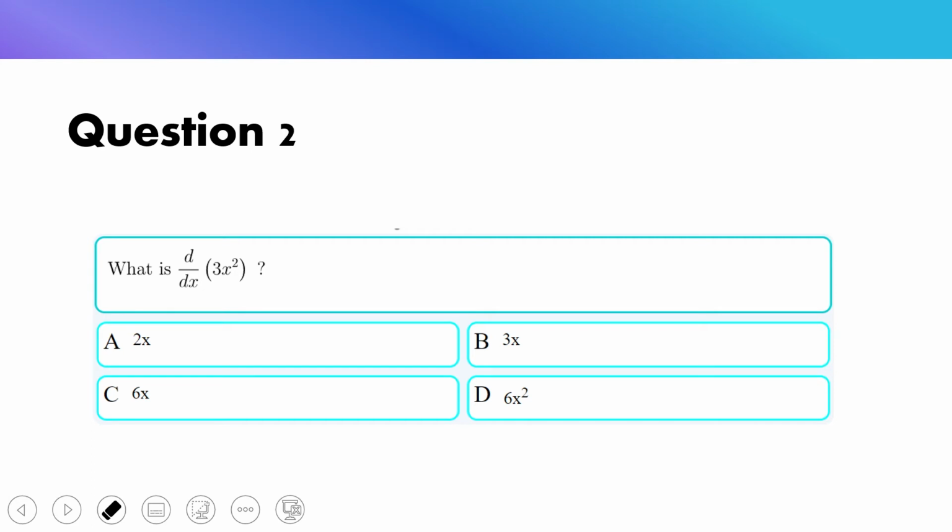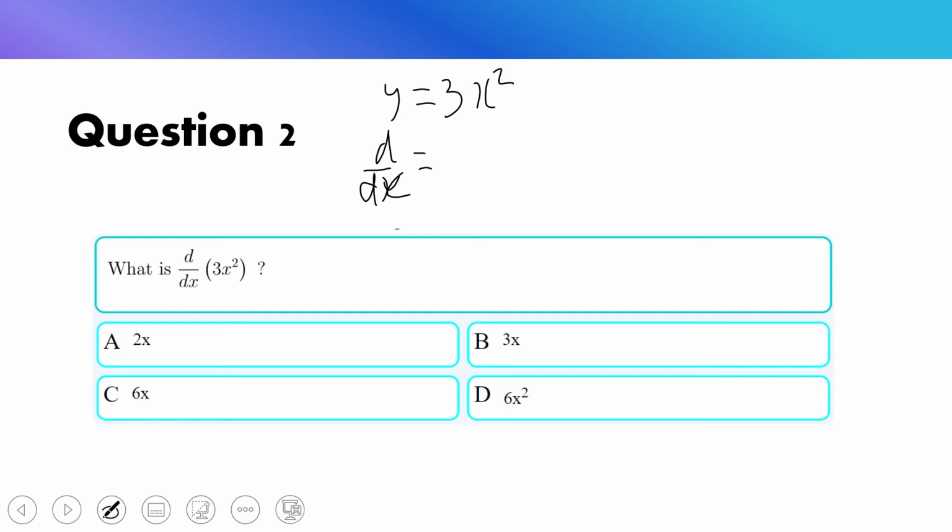So I have a function. I'll just rewrite this. Sorry. Y is equal to 3x to the power of 2. Now I want to find d over dx or dy over dx. Doesn't matter. It's the same thing. So 3 times 2. Apply the power rule.